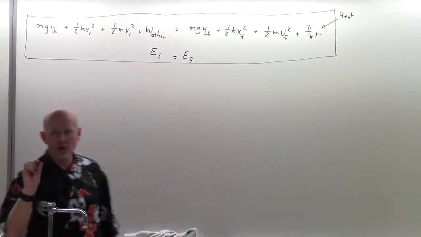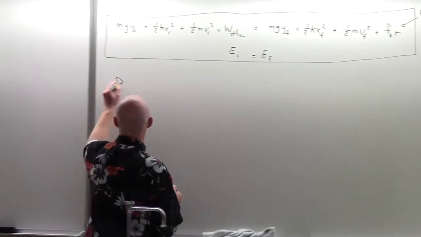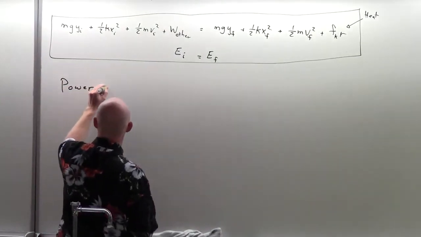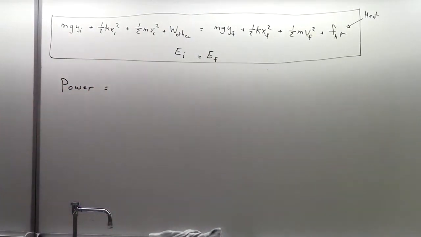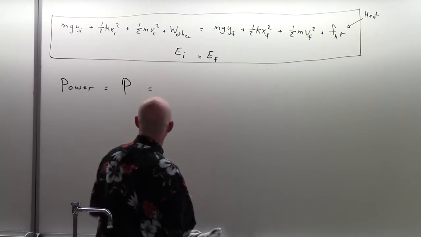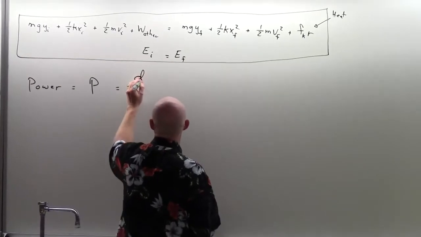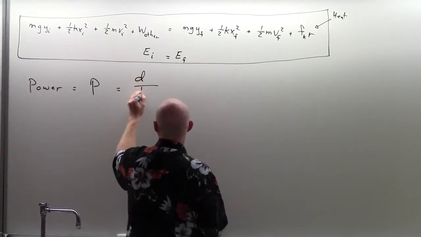I do want to say one more little thing before we finish, and there is another word we should probably throw out here. It shows up here in Chapter 8, power. We'll use the symbol capital P for power, but here's the definition. It is the rate of work.